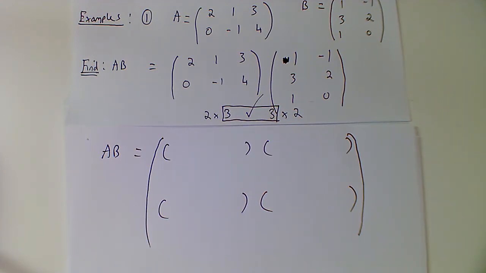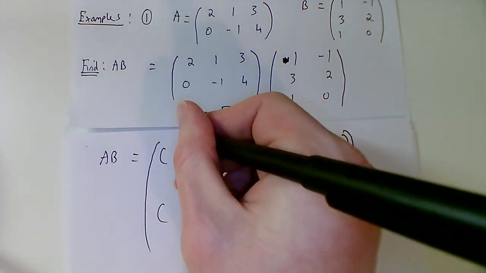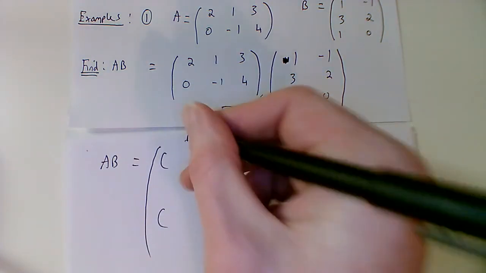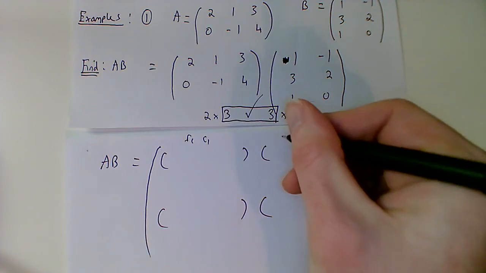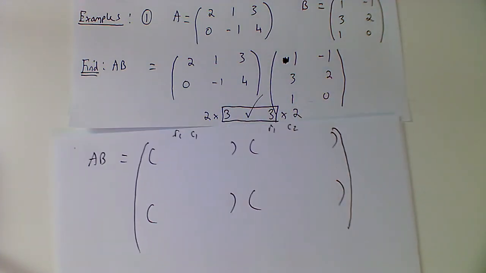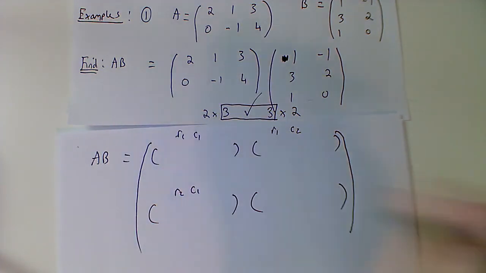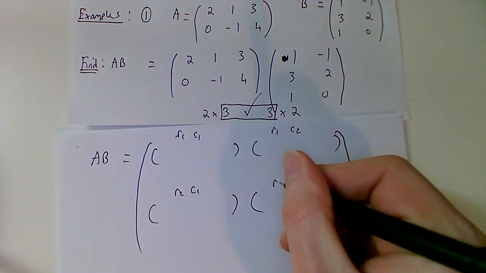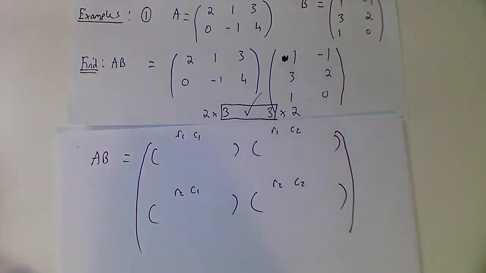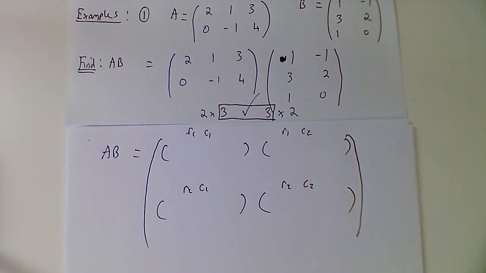Now, first of all, we're going to write down at the top what row and what column we're in. So we're in row 1, column 1. Row 1, column 2. Row 2, column 1, and row 2, column 2.